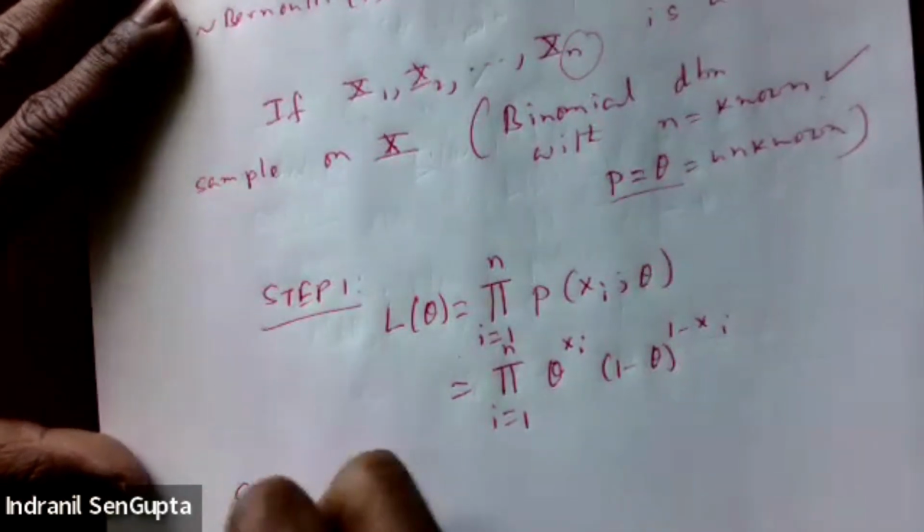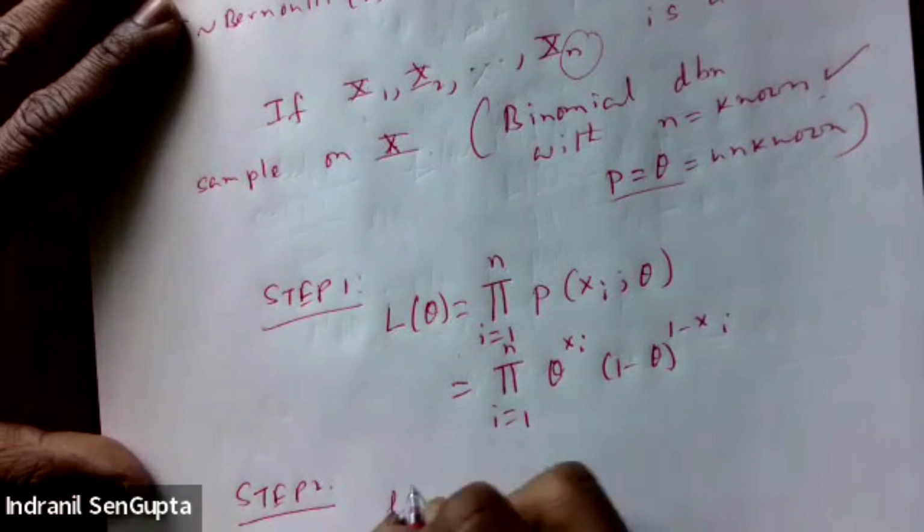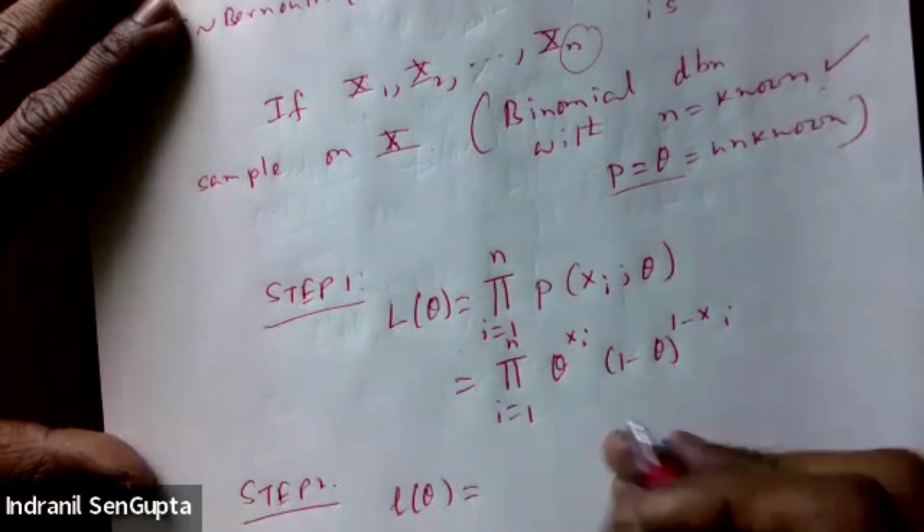Step 2, we compute the log likelihood function. We take the logarithm of that.